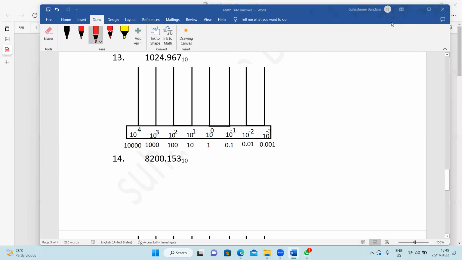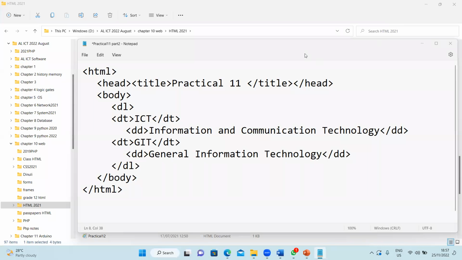Take your laptops and start it. Okay. So today we are going to use the same thing we did last day. I explained about the definition list, definition term, and definition description. The same thing I'm going to use to represent the subjects ICT and GIT.